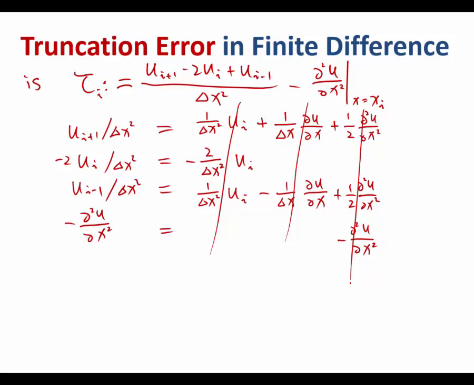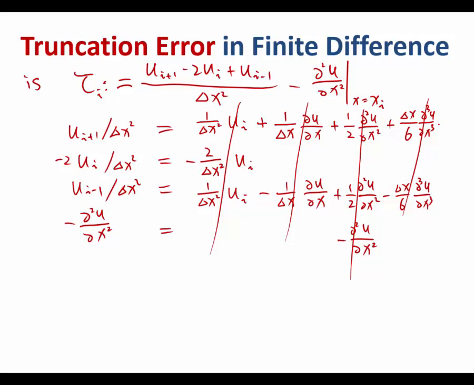That means our truncation error goes to higher and higher order. Now yet another term, it's going to be minus delta x over 6, 3 factorial, times partial cube u partial x cube. Oh, it's plus, and this one is minus. Again, they cancel. All right.